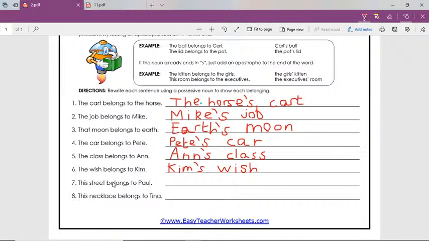Question 7. This street belongs to Paul. Again, it's quite straightforward. It's just Paul's Street.